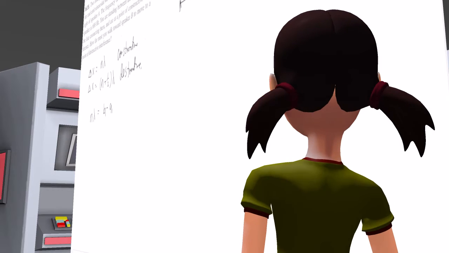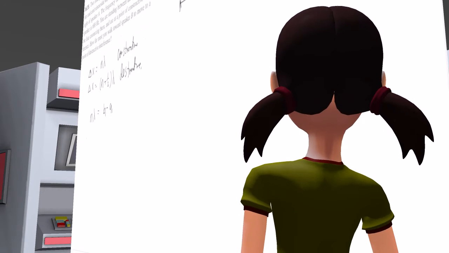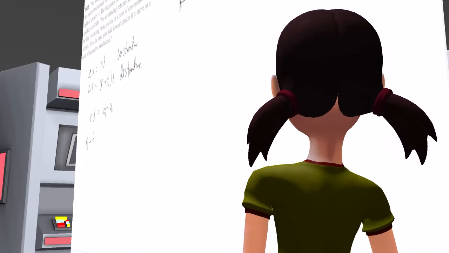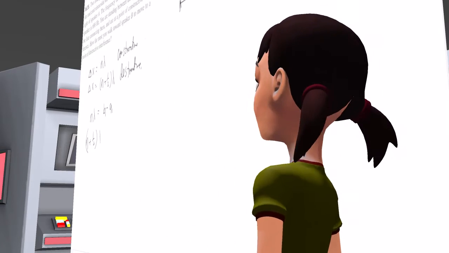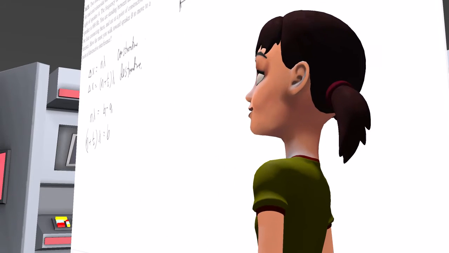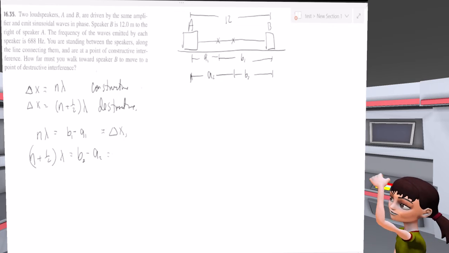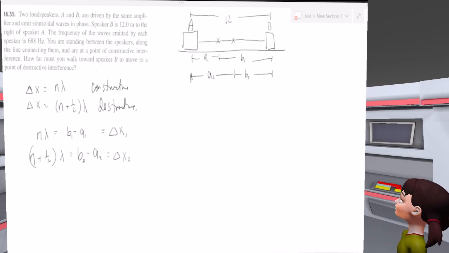And you move to a point of destructive interference, or I might have it backwards. Let's just take the difference between delta x1 and delta x2.